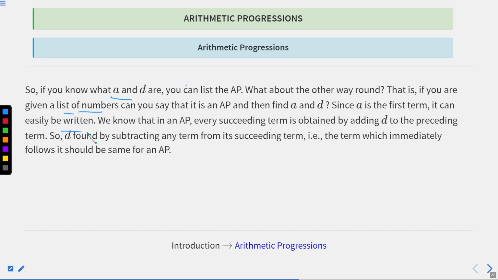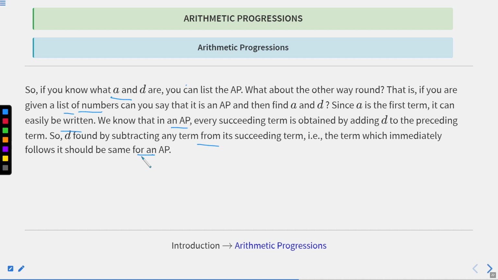In an AP, every succeeding term is obtained by adding a fixed number D to the preceding term. So D is found by subtracting any term from its succeeding term, and this should be the same for an AP.